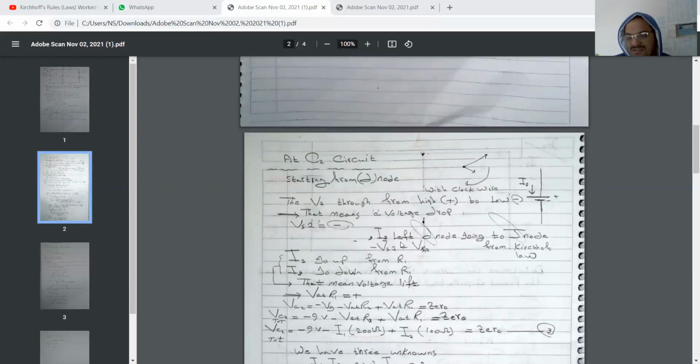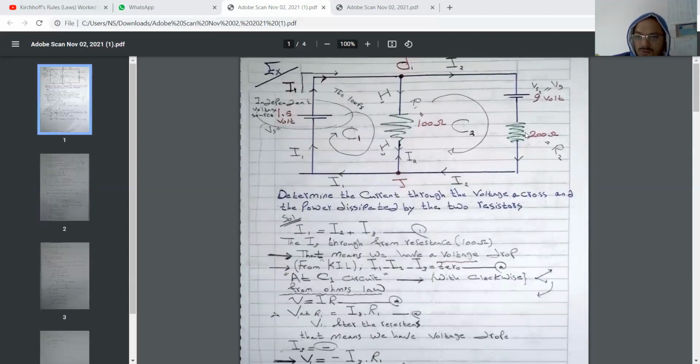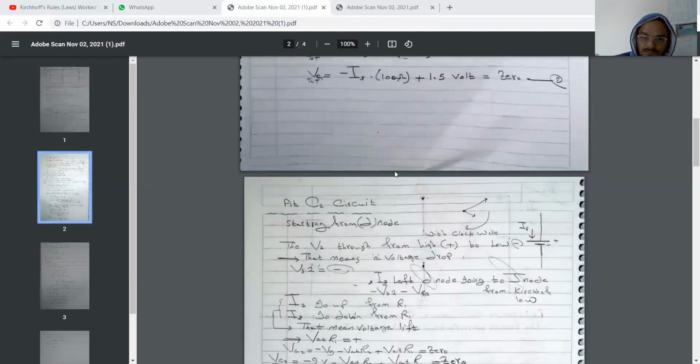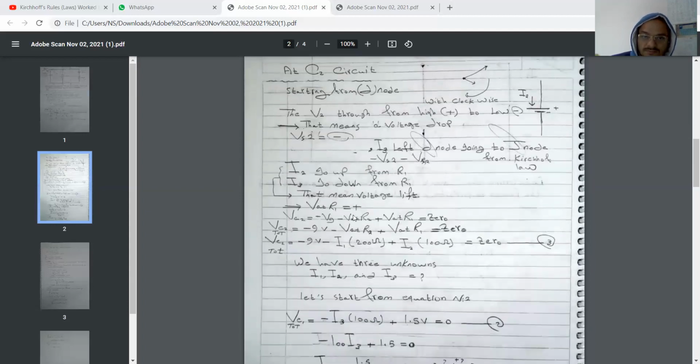After that, the voltage drop at R2 is also minus, because the current goes through resistance number 2, 200 ohm. So the V total at loop 2 equals minus VG minus the voltage at R2 plus the voltage at R1.